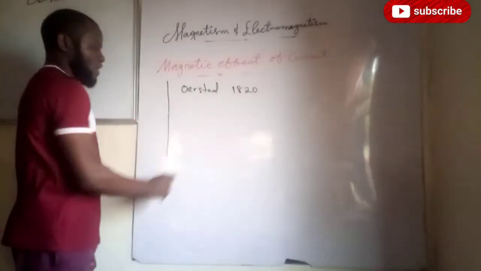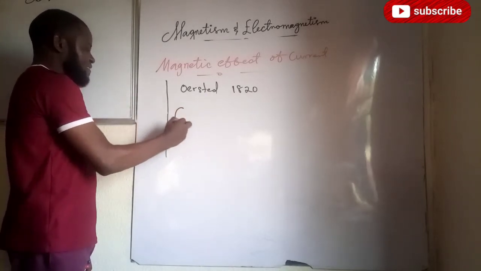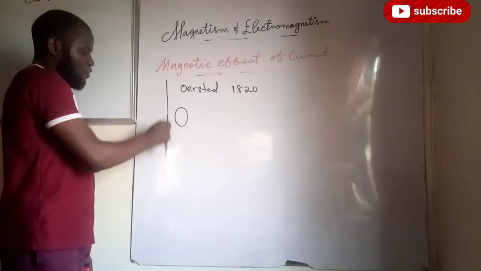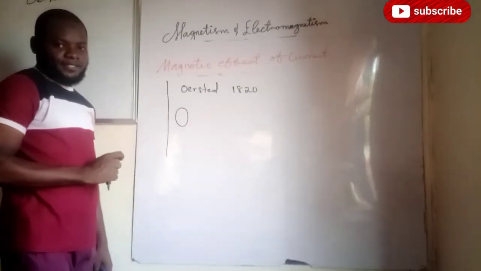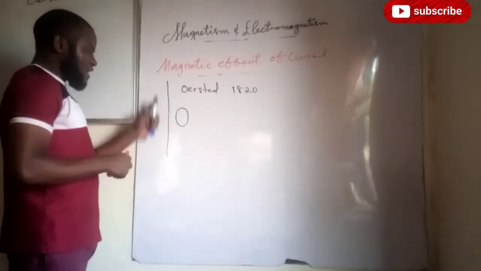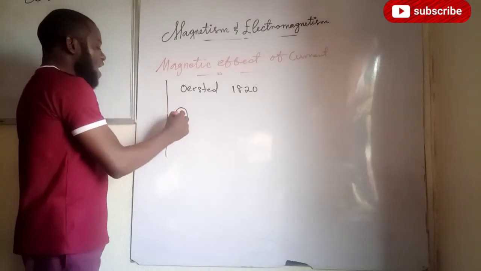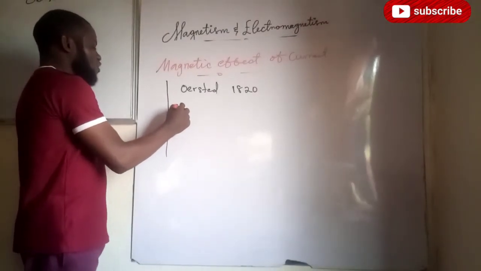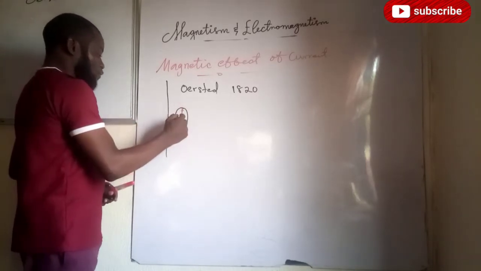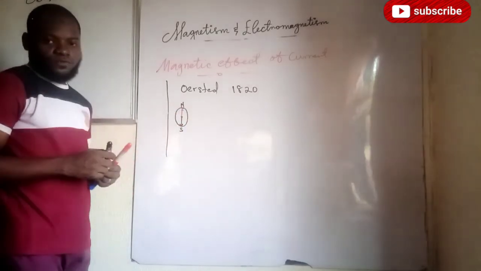Einstein in 1820 discovered that if you place a magnetic compass around a conductor that is carrying current, by the time you switch off the electric current in this conductor, the magnetic compass will be in its initial position, that is north, and this is south.